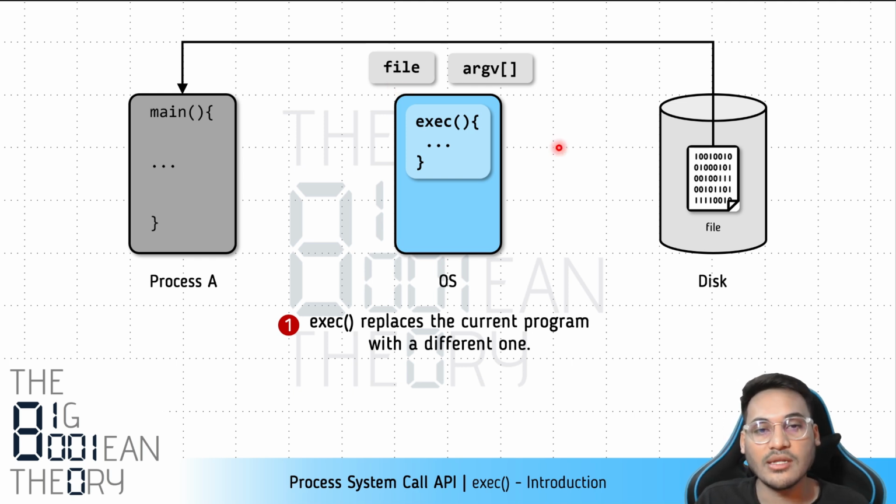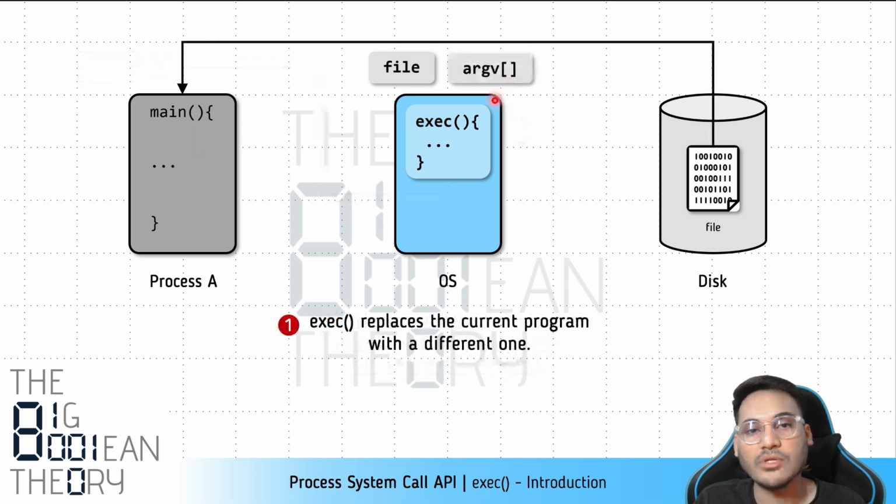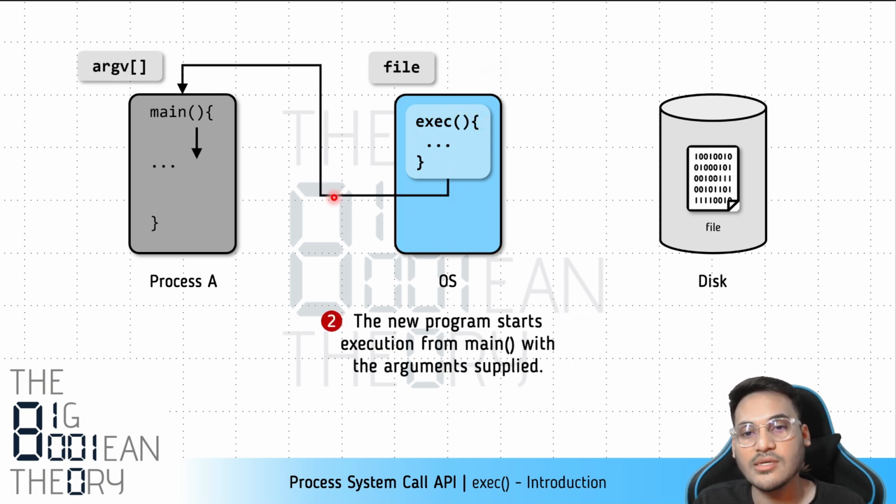The next point is that the new program starts execution from main with the arguments that have been supplied. So when we invoke the exec system call, we also supplied a list of arguments. When the exec system call routine returns, it will start execution from the main.